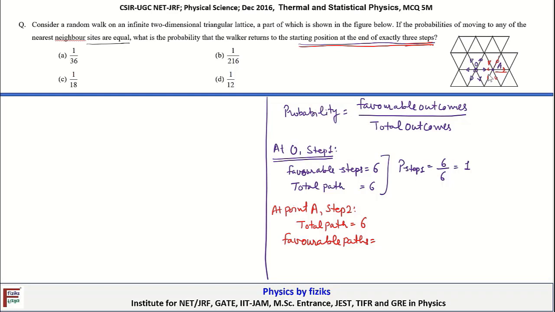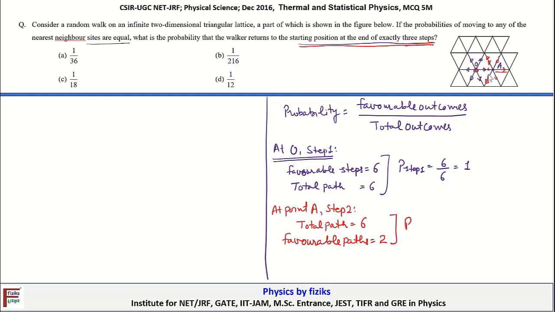So this way we notice that the only options left with the random walker are the lines where I have drawn 2 arrows. These are the only 2 favorable paths through which the random walker can again come back to the same starting point O with exact 3 steps. So the favorable paths at point A are 2 basically.